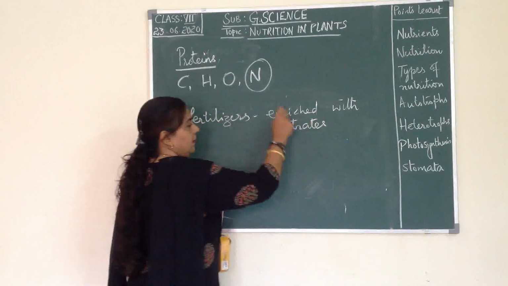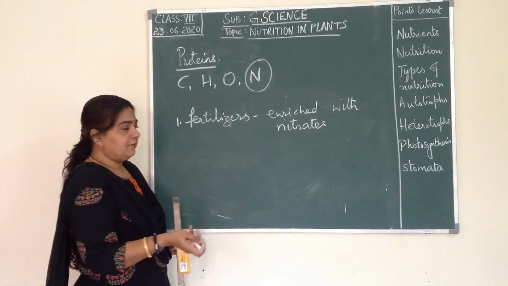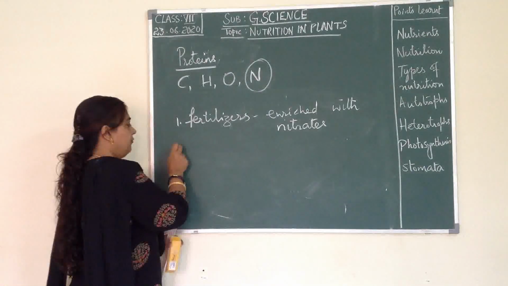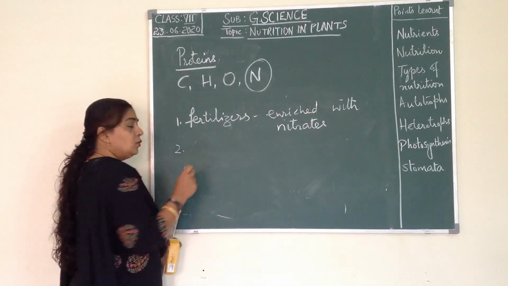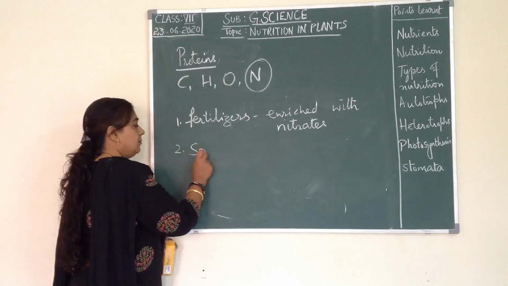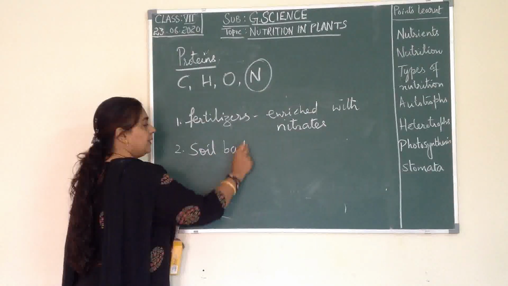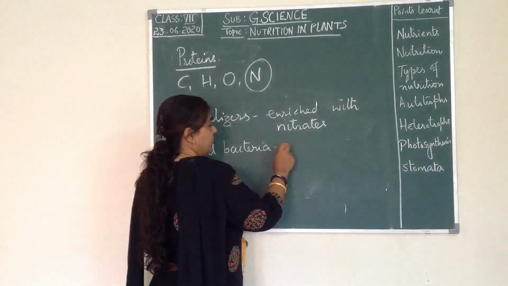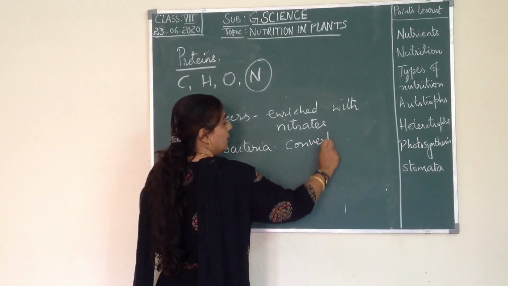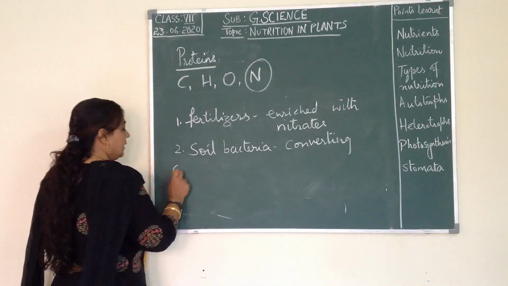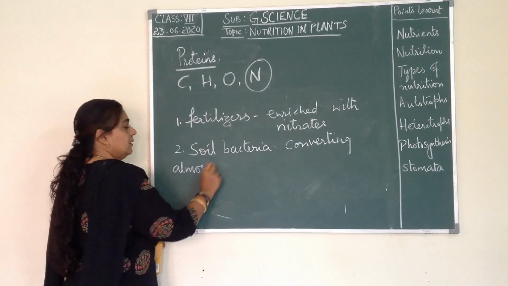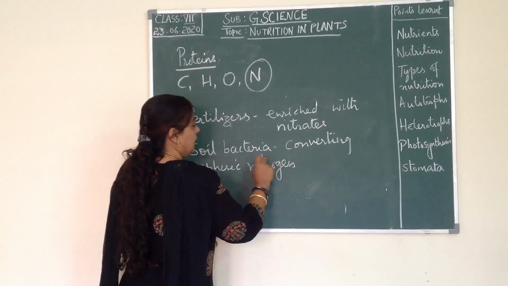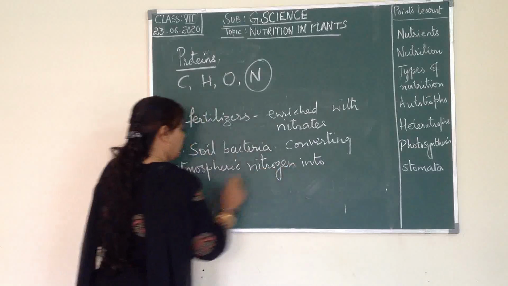So the fertilizer is used by the farmers while sowing and all. So at that time the plants will utilize the fertilizer. Then there are some good soil bacteria present. Some soil bacteria help in converting the atmospheric nitrogen into useful form.